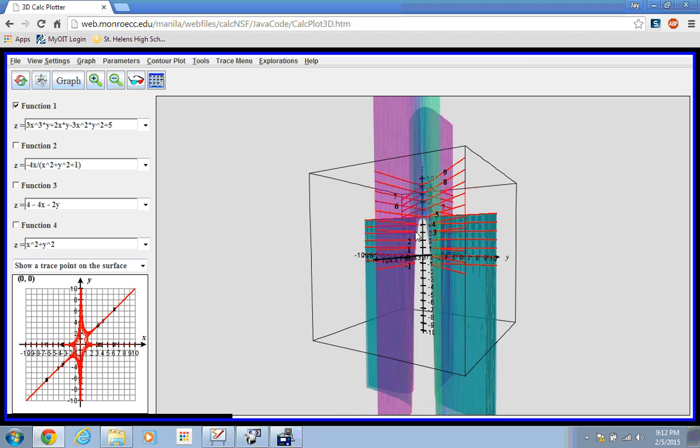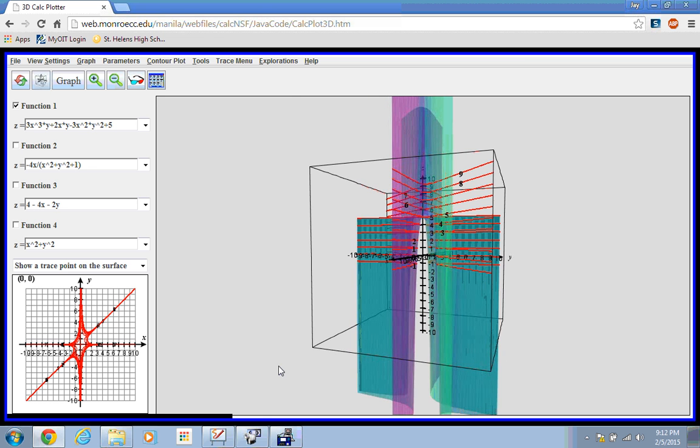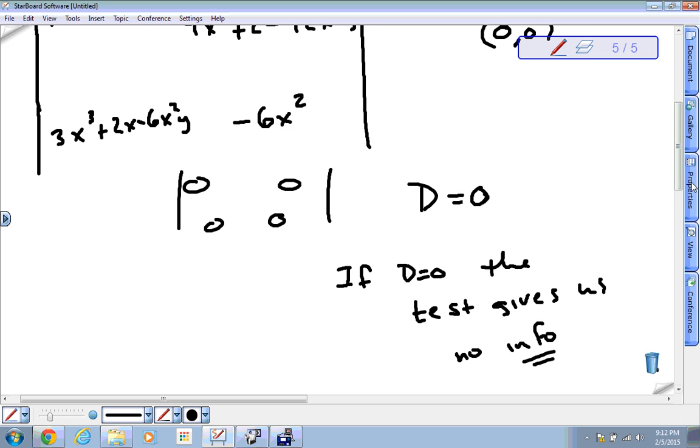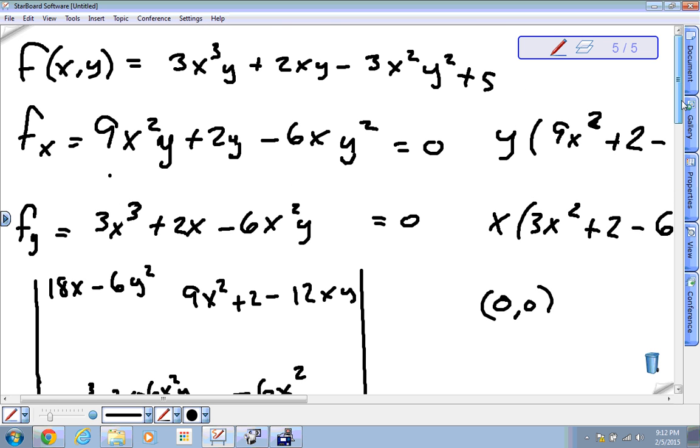But when I approach 0 down the y-axis, nothing changes. Well, if you come back into here, what you'll see is this. The original function, everybody's got a y in it. So if y equals 0 on every single one of these, as long as you're along the x-axis where y equals 0, this is going to be 5 always.